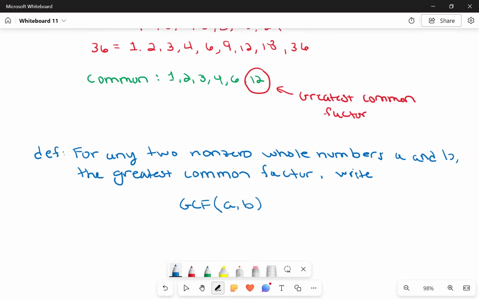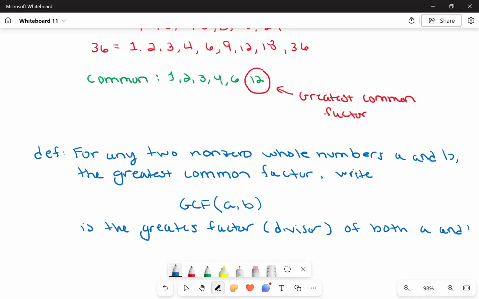So GCF of A and B is the greatest factor or divisor of both A and B. All right, so that's how we define greatest common factor.